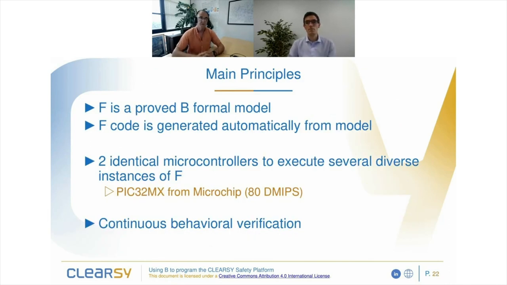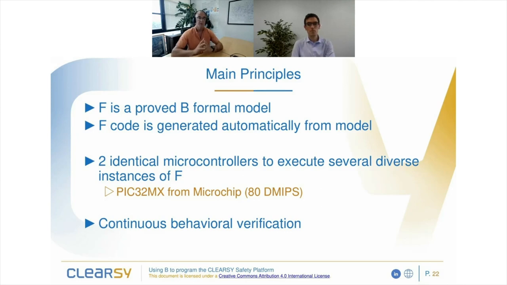So the main principles for the CLEARSY Safety Platform are: F is a proved B formal model. This is one of the main aspects. The F code is generated automatically from the models. You have two identical microcontrollers to execute several diverse instances of F. We have been asked several times, is there any need to have diverse microcontrollers?